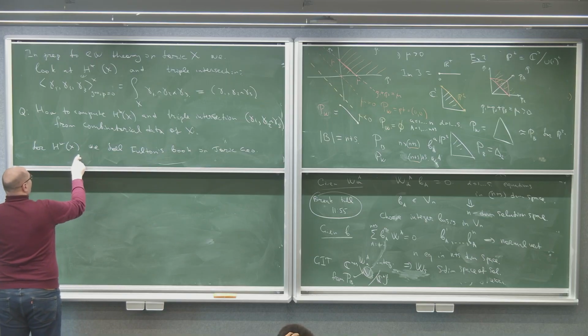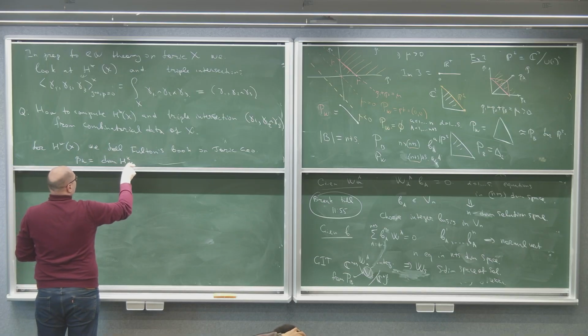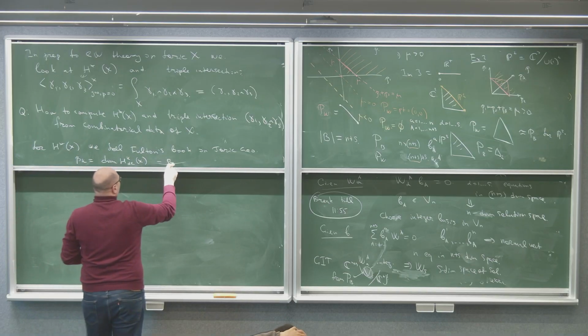Essentially what we get from Fulton's construction are the Betti numbers, which are dimensions of the k-th cohomology.